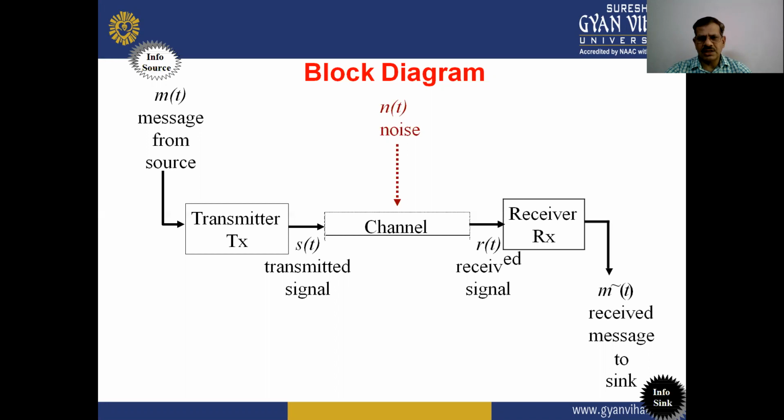Then this signal is received by the receiver, and after receiving, the receiver converts the message signal into the original source signal, and this signal is received at the output of the receiver.